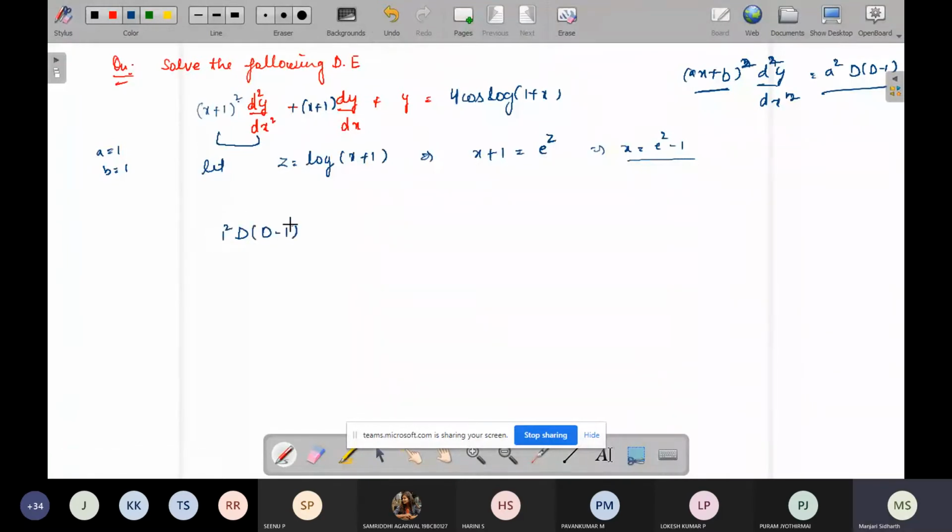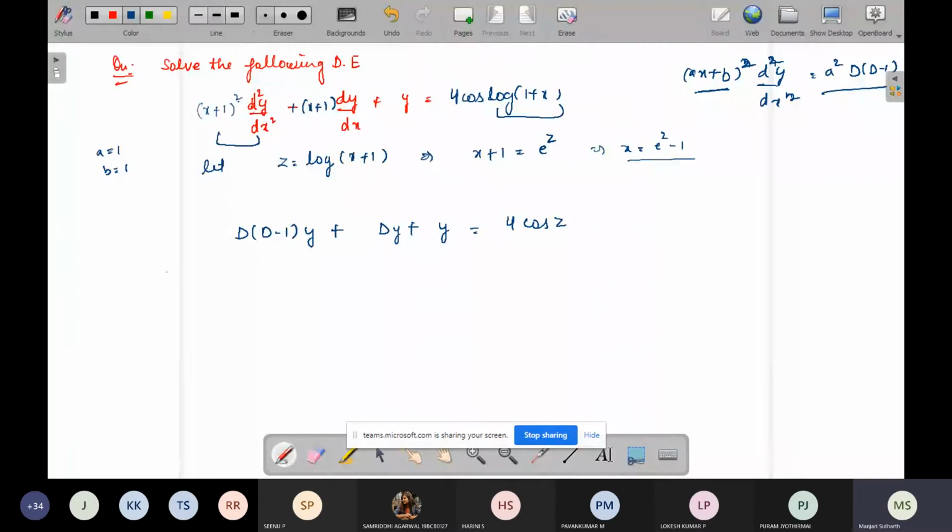D into D minus 1, y plus 1 into D, y, equal to 4 cos z, since log x plus 1 is z. Now you can see that this is a linear differential equation with constant coefficients.